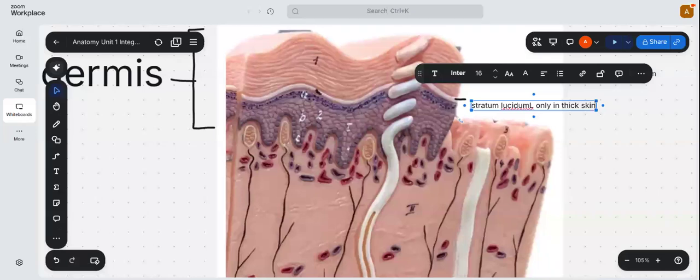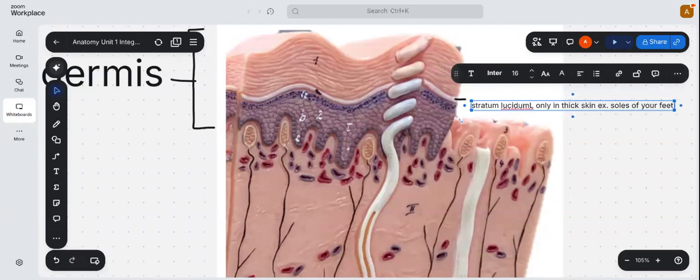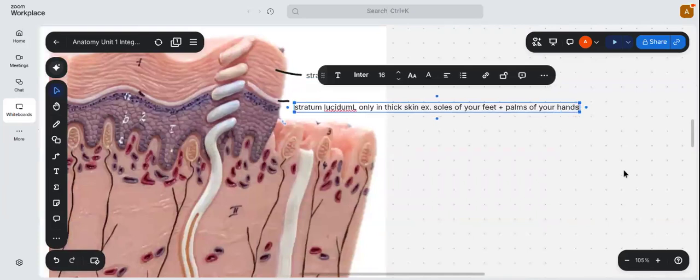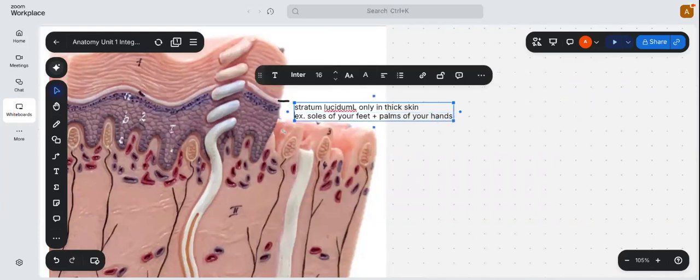And an example of that would be the soles of your feet or the palms of your hands.